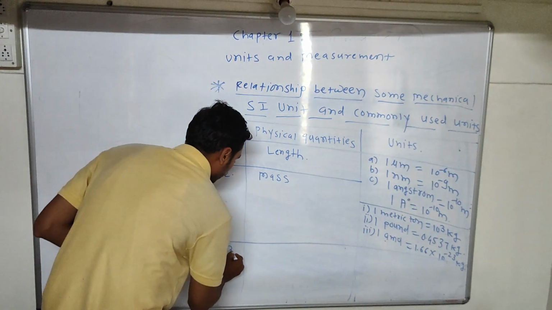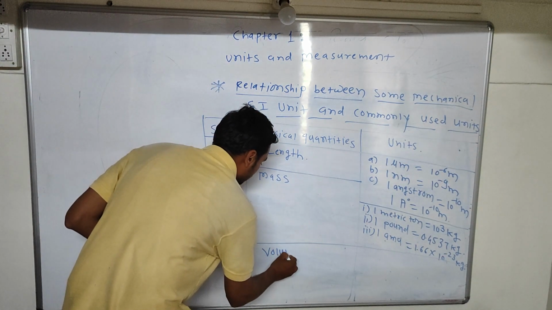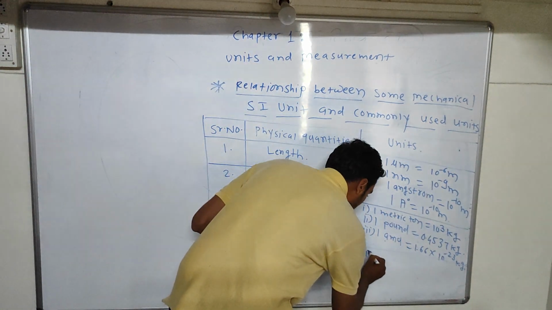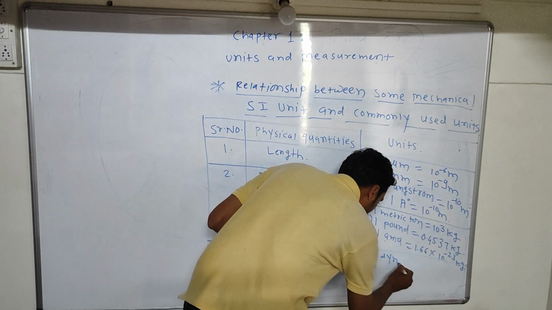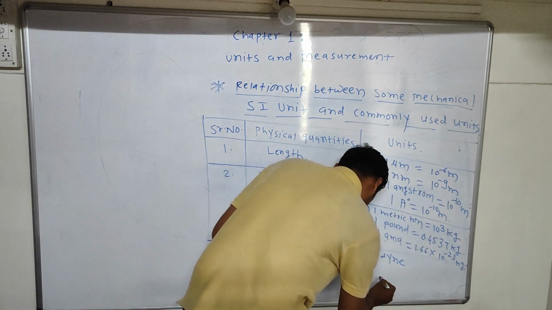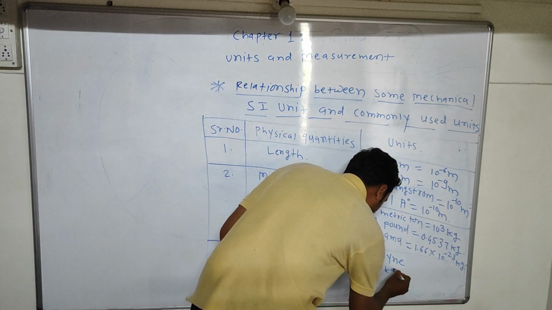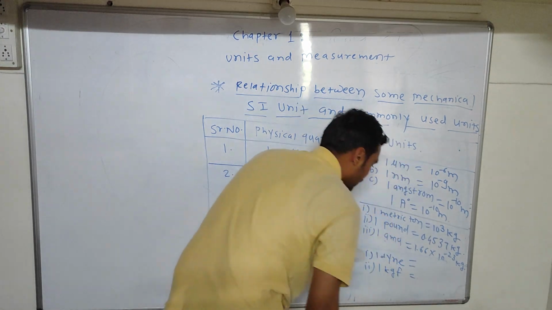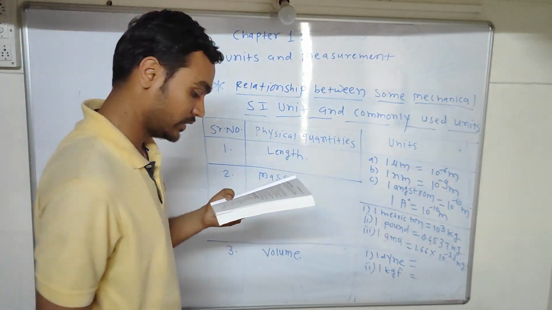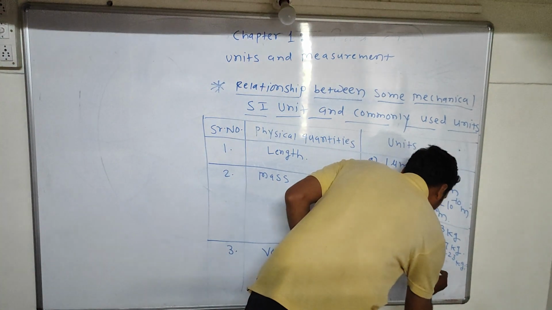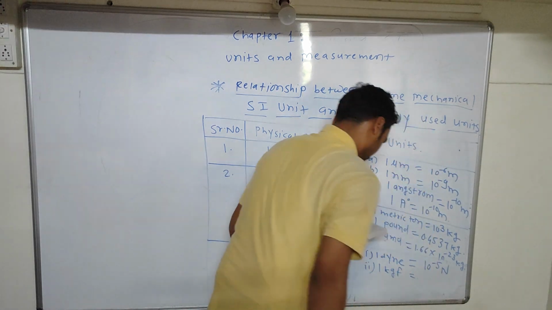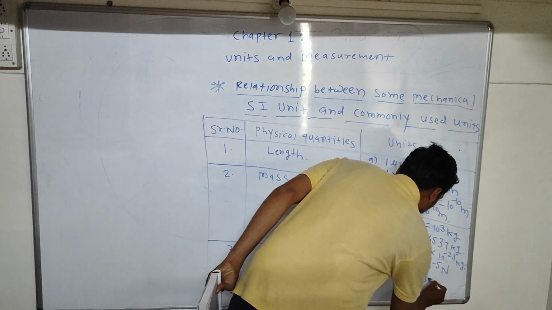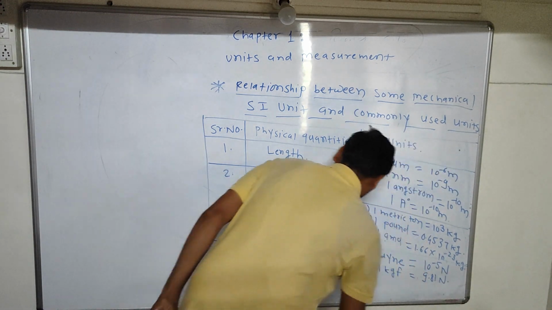Then we have to see the force. 1 dyne and 1 kgf. Convert it. 1 dyne is equal to 10 raised to minus 5 Newton and 1 kgf is equal to 9.81 Newton, right?